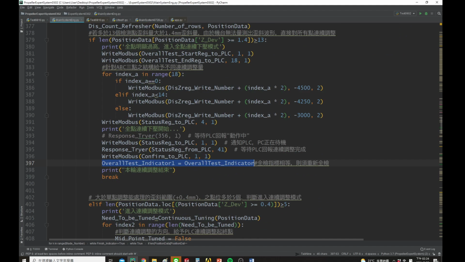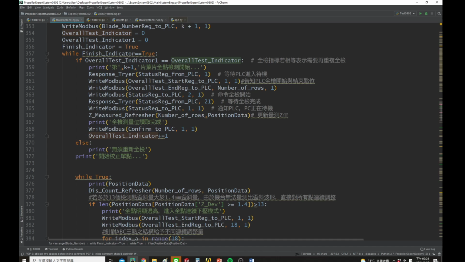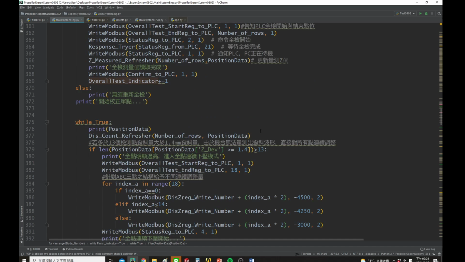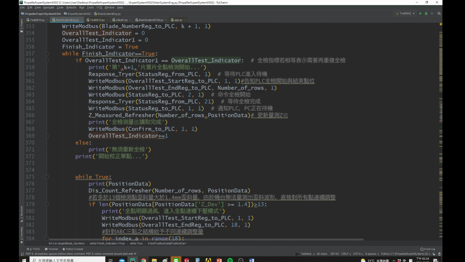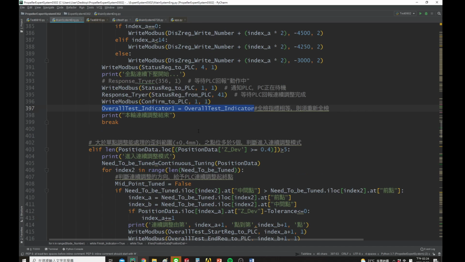This applies to the rest of the tuning. It's a mechanism to make sure that the blade, when it comes back to the beginning of the loop, will do the overall test again. Right? Okay, so that's the end of the total continuous tuning.